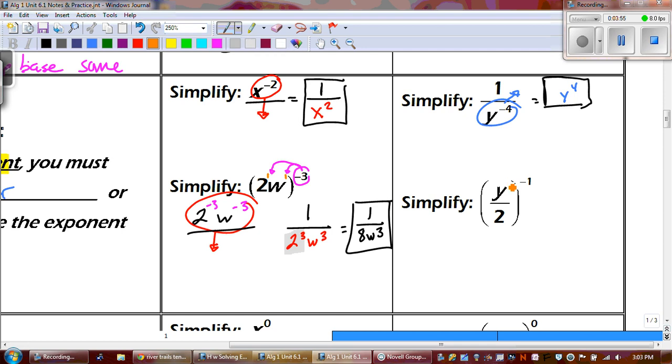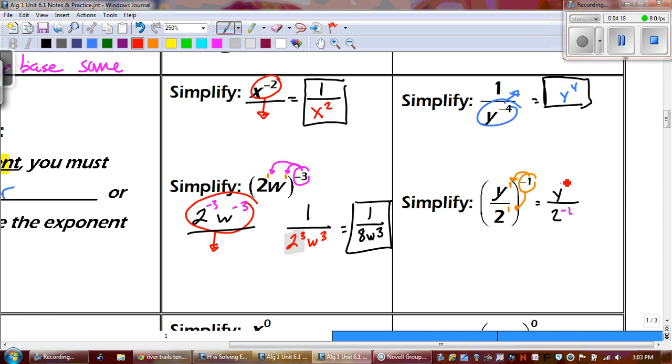Once again, let's see. We have to distribute that negative 1. Okay, so when we distribute, all of our exponents change. Our bases stay the same. 1 times negative 1 is negative 1, and that's the same on the bottom.